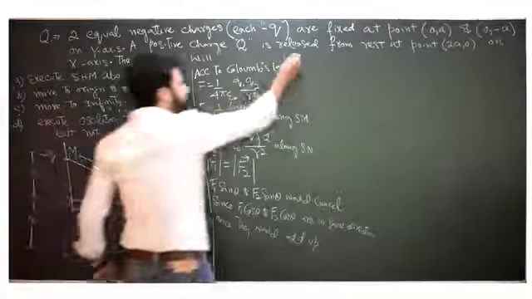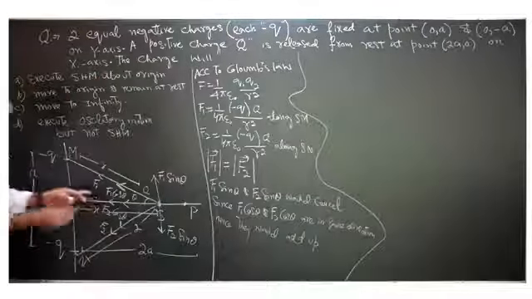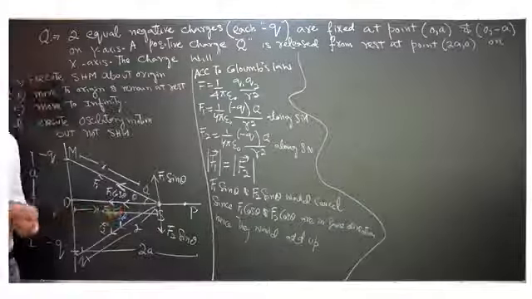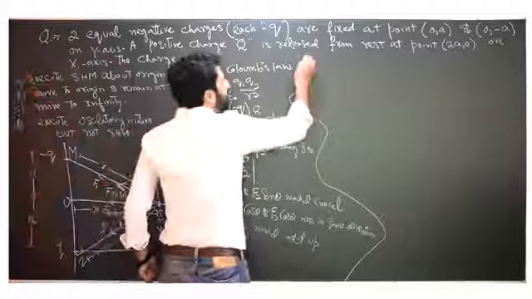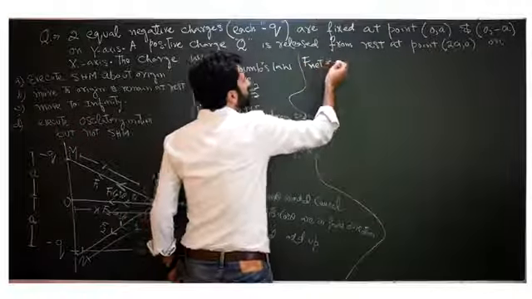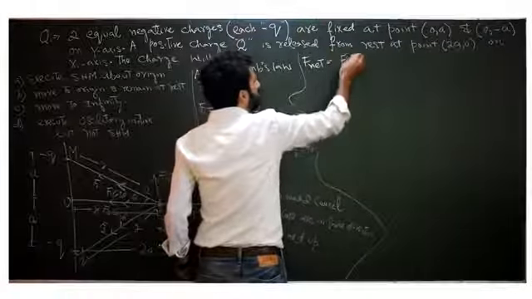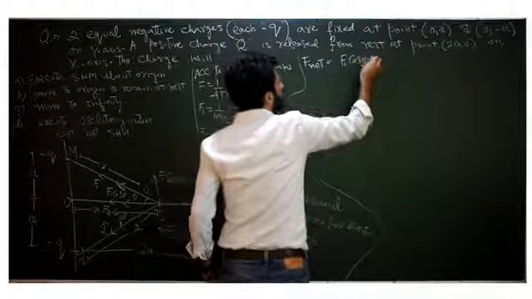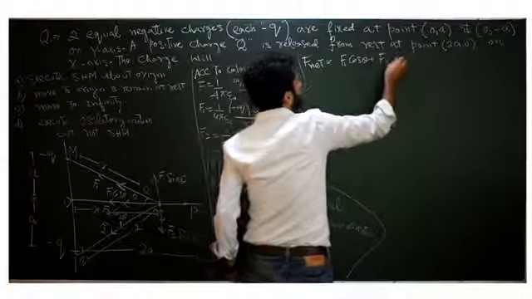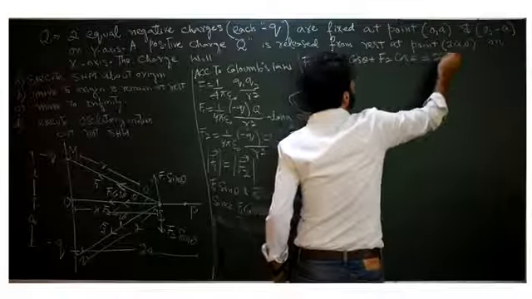So the net force will be F1 cos theta plus F2 cos theta. So we have the net force, and since F1 and F2 are equal, it will be F1 cos theta plus F2 cos theta. Since F1 and F2 are equal, we can write it as twice F cos theta.